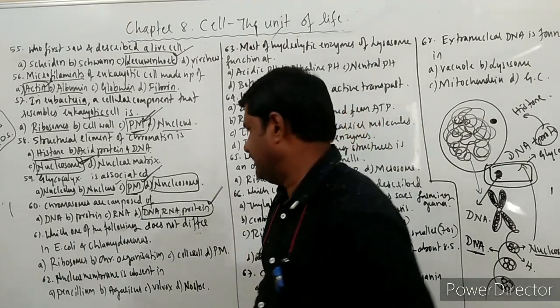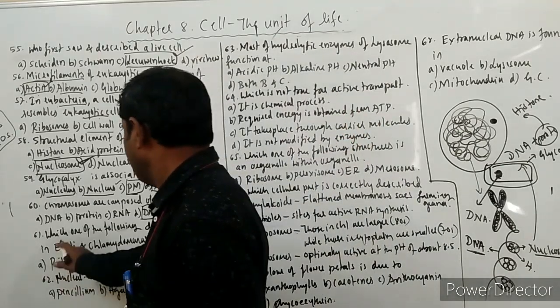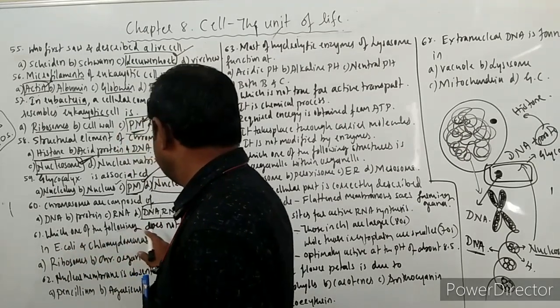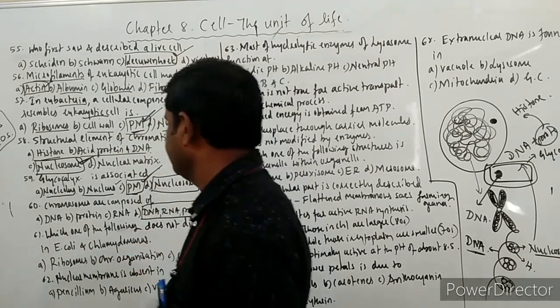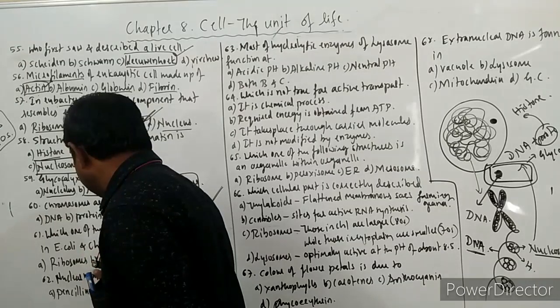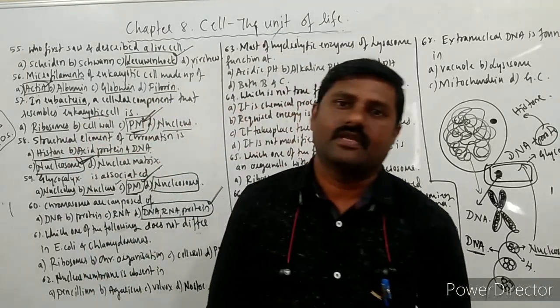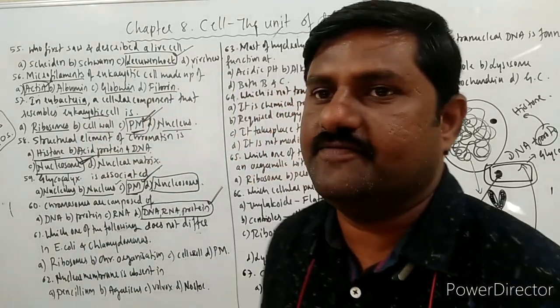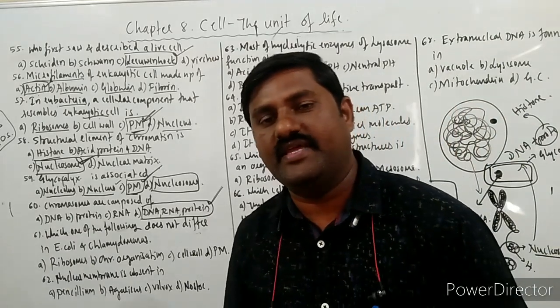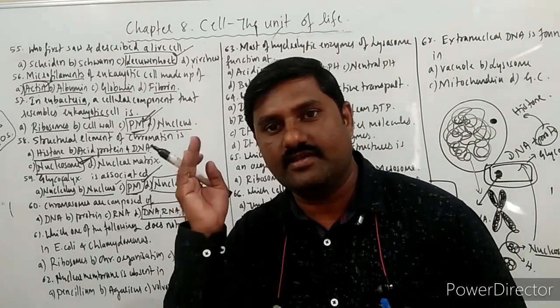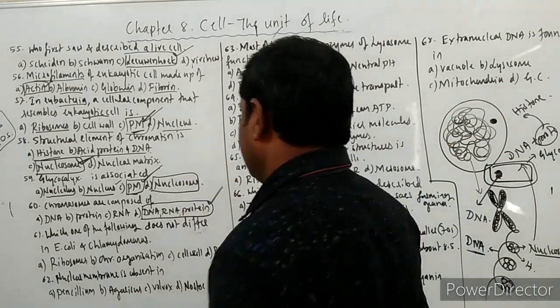And what is the next question? Which one of the following does not differ in E. coli as well as Chlamydomonas? E. coli itself is one of the bacteria, a prokaryotic cell, you must remember.